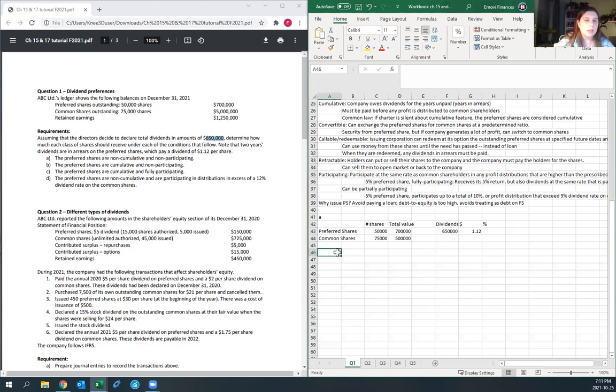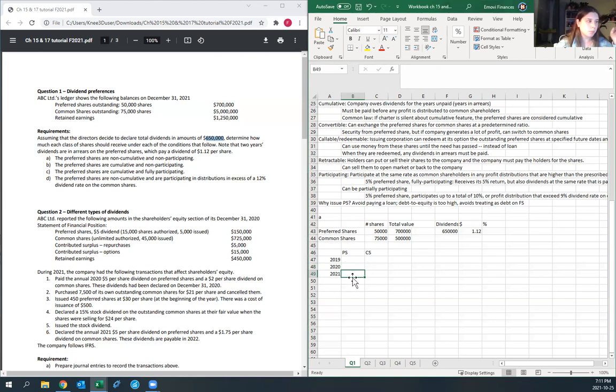All right, so now that that's set up, I'm gonna put down the years that are in arrears, even though we're not gonna use them for A, we're gonna use them for the following requirements. So this is the preferred shares, the common shares. So first, you always calculate first the dividends for preferred shares. It says here that they're non-cumulative, so you don't calculate 2019 or 2020.